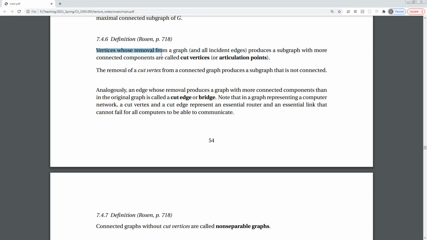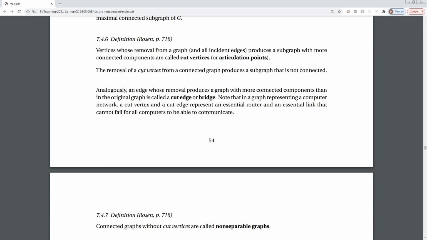You remove it from the graph, and it produces a subgraph with more connected components. Such a vertex, such a critical point or ideal sabotage point, is called a cut vertex, or the collection of them is called the cut vertices, or articulation points.